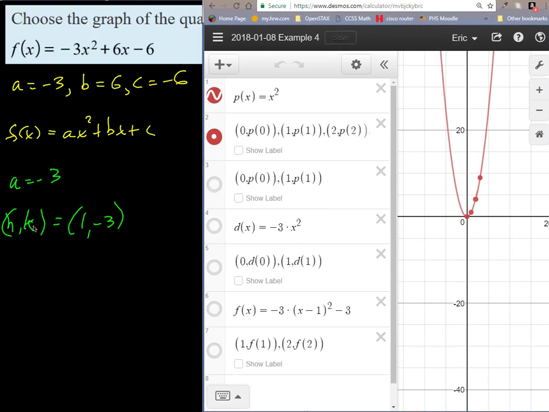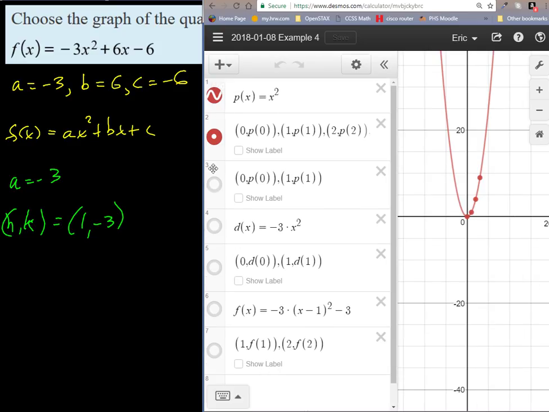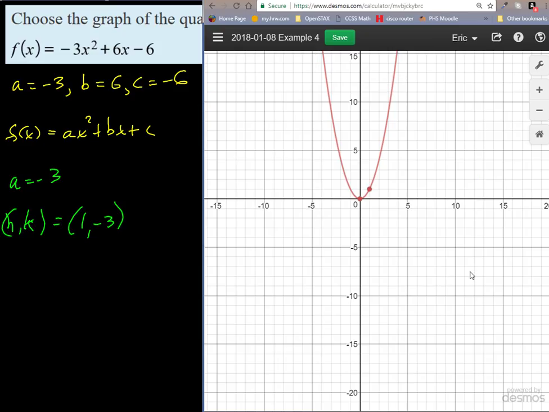So then, what's a convenient point? If we're just going to be multiplying by -3, what's a convenient point to use? We don't need to use anything fancy. We'll just go over 1 and up 1, right? Because if I'm multiplying the y value by -3, let's just multiply the easiest y value, which is just 1. There's our parent graph.